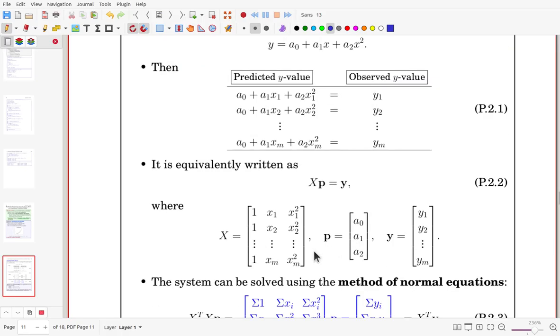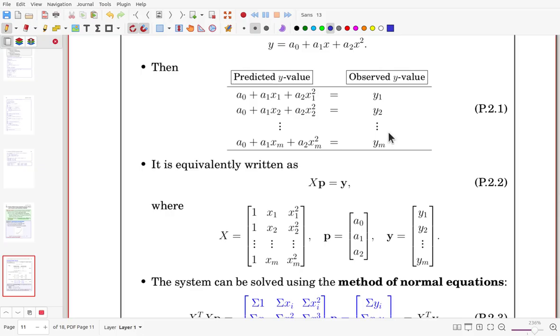X is the coefficient matrix, or the information matrix. The coefficients of A0 are all 1, the coefficients of A1 are x1 to xn, and the coefficients of A2 are the x values squared. So we collect the coefficients, and P is the parameter vector, the unknowns, and Y is the right side.